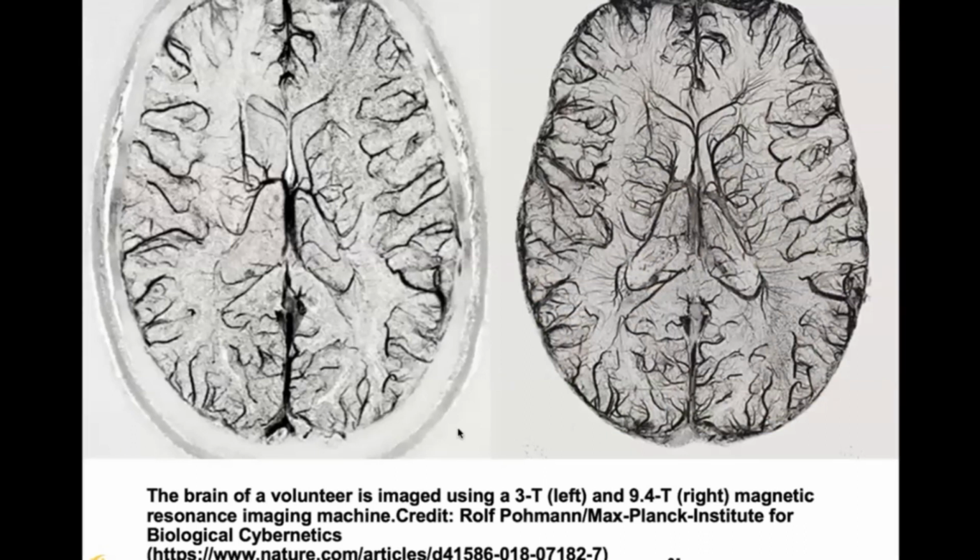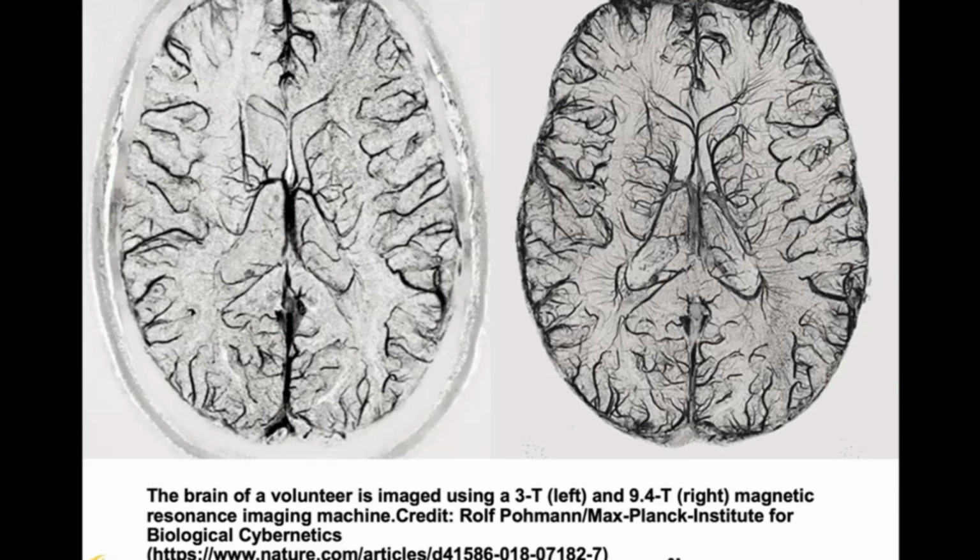Here is an image, as I mentioned, the strength of the magnetic field will affect the resolution of the MRI image. On the left is a typical 3T MRI scanner image. It's very clear, showing the different tissues of the brain. But on the right is the image generated by a 9.4T MRI machine.